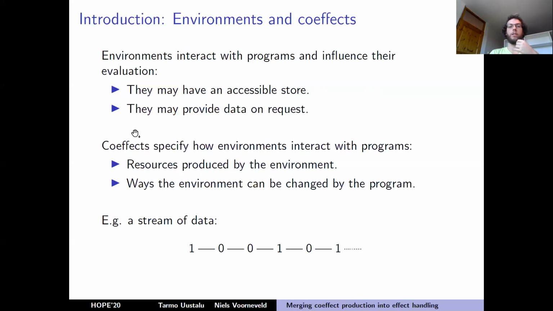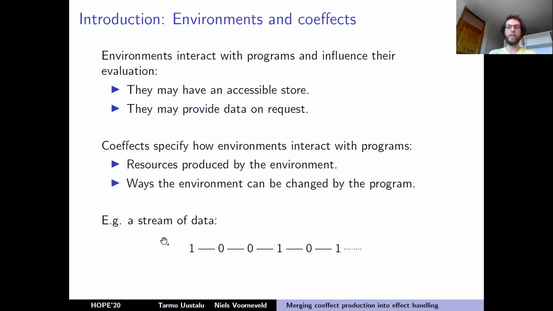And this behavior of the environment, or the ways that environments can respond, we specify using coeffects, and these coeffects specify basically two things: the resources that can be produced by the environment, like answers to questions, and if an environment is interacted with, it may change. So the coeffect can also specify the ways the environment can be changed by the program.